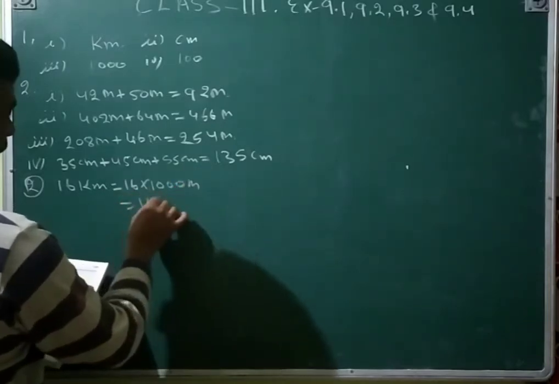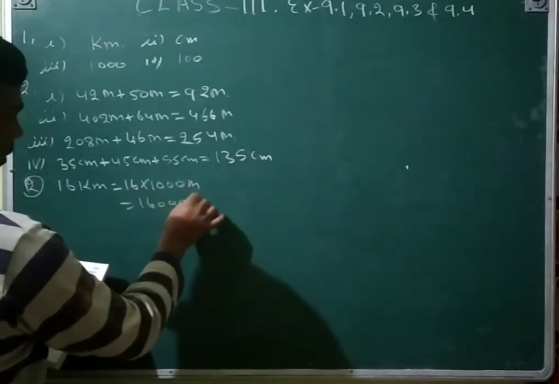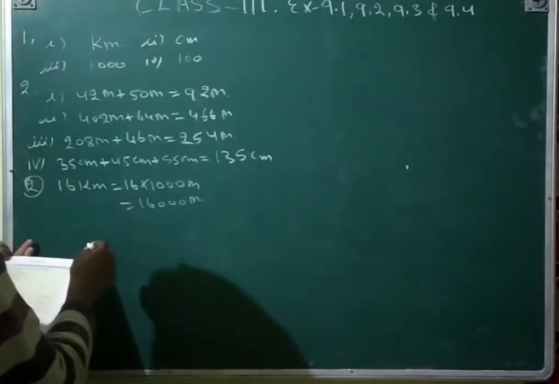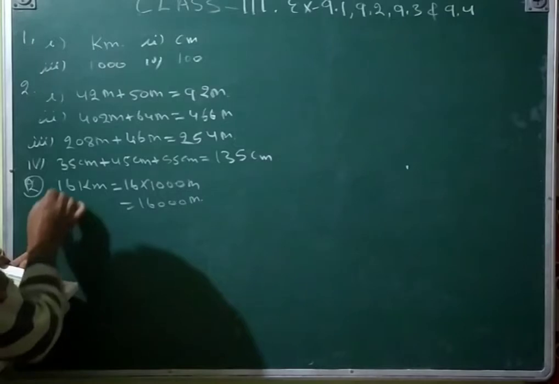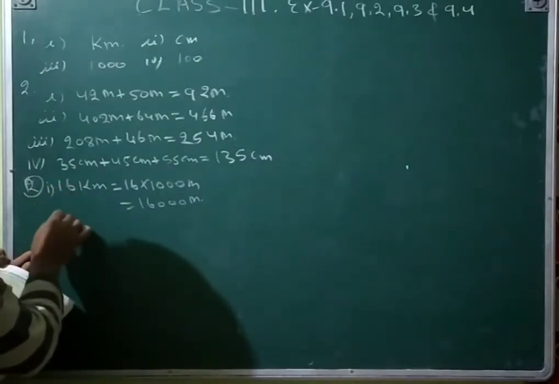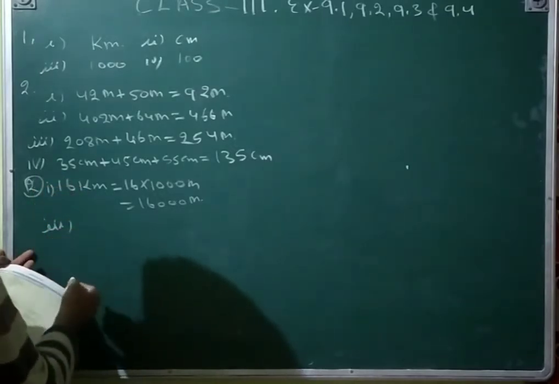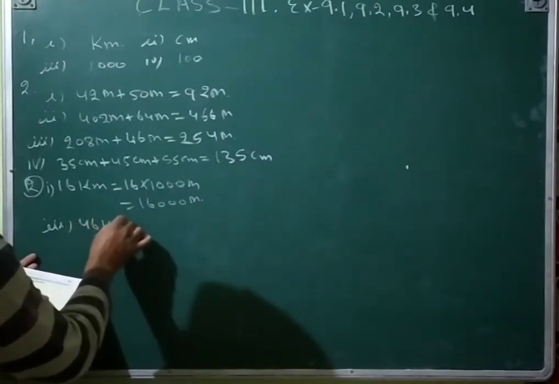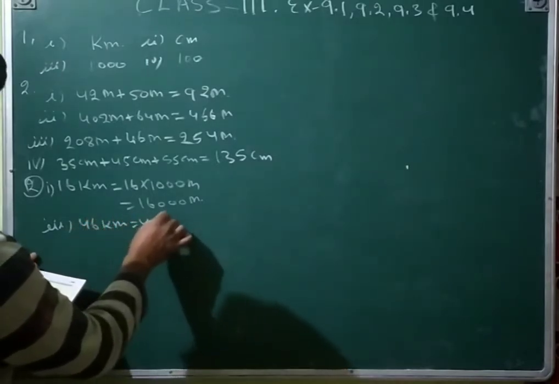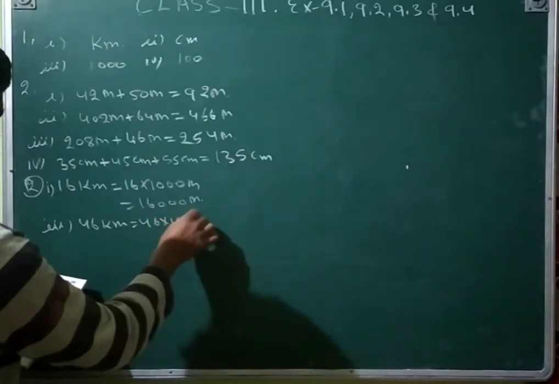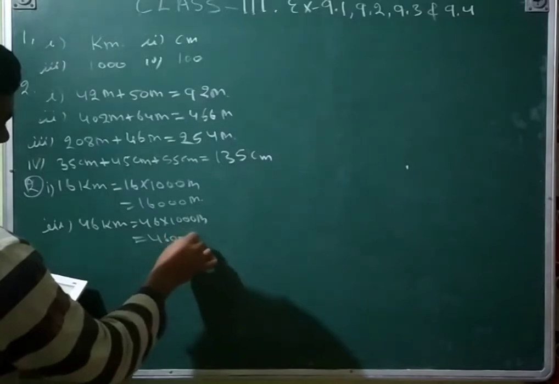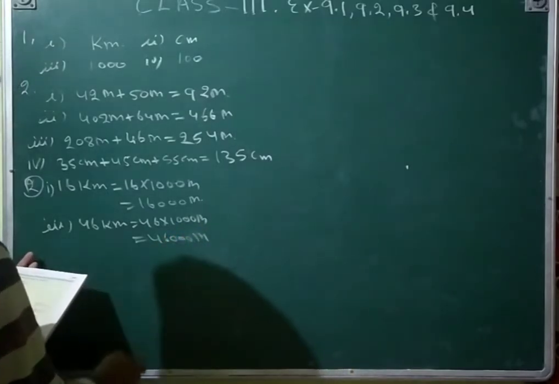So that will be 16,000 meter. And then the third part, 46 km is equal to 46 multiply 1000 meter. So that will be 46,000 meter.